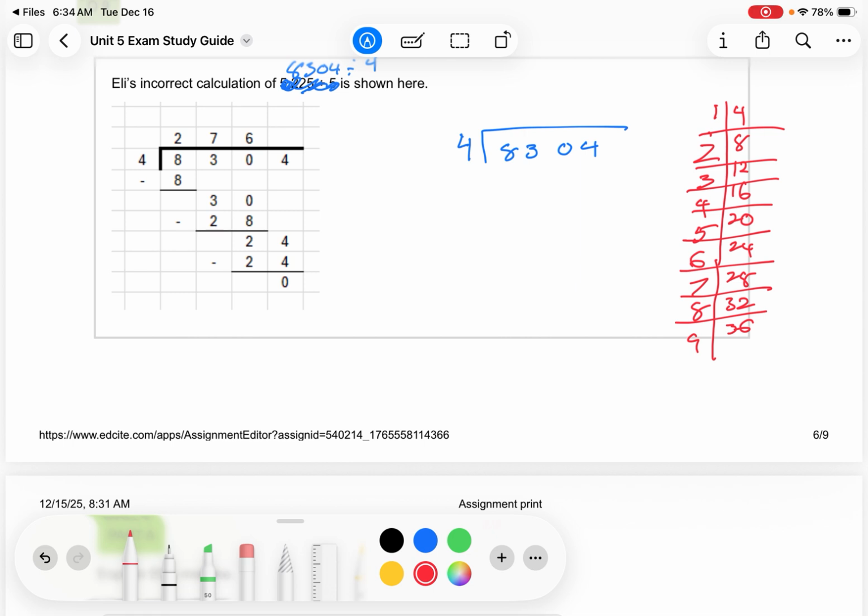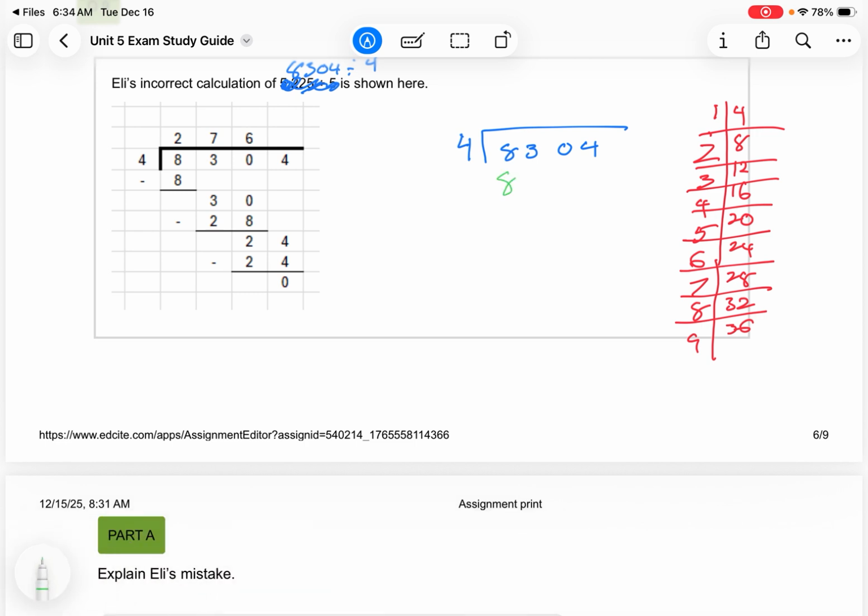Well, the closest without going over is 8, and so that goes with a 2. So we subtract, we get 0. We bring down the 3. Well, the only number we have is going over, and so that would be 0, which gives us a 0.